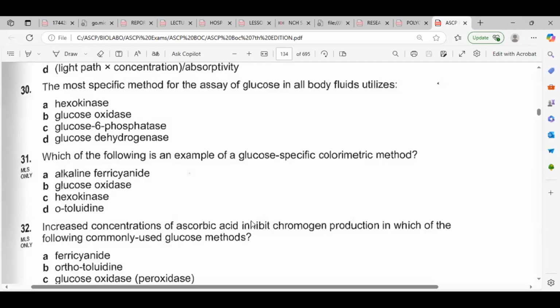I've discovered myself how this question is very tricky, because they are giving us all the techniques we use for glucose measurement: alkaline ferricyanide, glucose oxidase, hexokinase, and ortho-toluidine test. Which one is glucose specific? Glucose specific. That's specific.